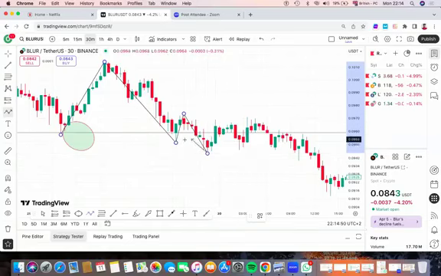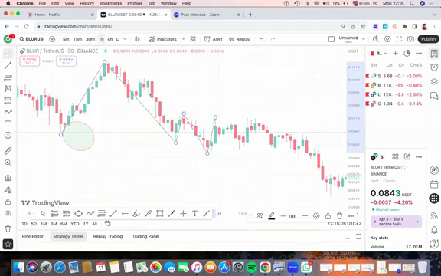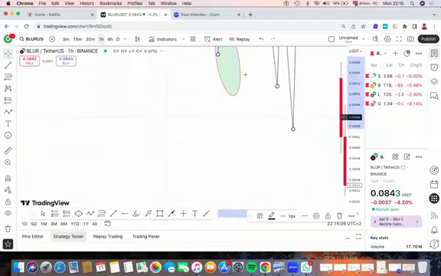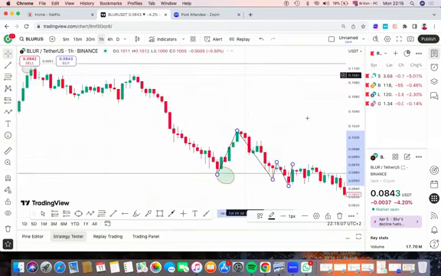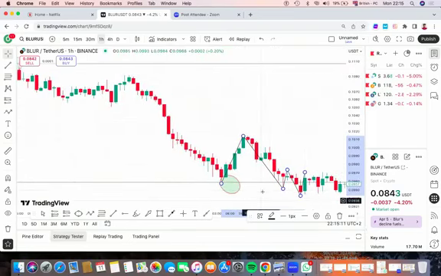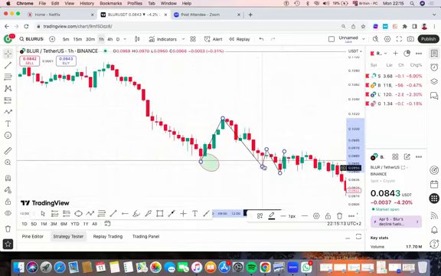You cannot call this a complete break. If you are seeing this unclear trend on your 30 minutes, your entry level, what you want to do is go to a higher time frame to make sure that there is a complete breakout of that structure. So you go to a higher time frame, and in fact, on your higher time frame, you can see that the candle that was looking like a green candle on your 30 minutes is a red candle here.